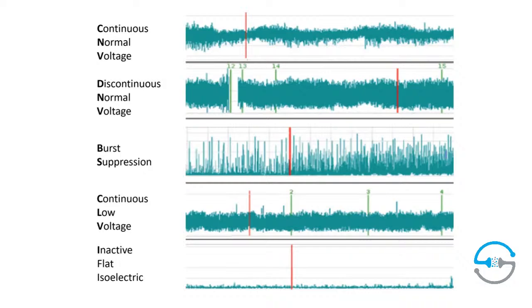So we have burst, which is big, 25, 50, 75, 100 microvolts burst. And then we have suppression, almost nothing. So what happens with this, it's discontinuous, it's excessively discontinuous. And then with low voltage, you just have lack of activity.